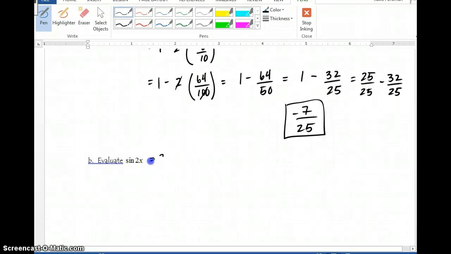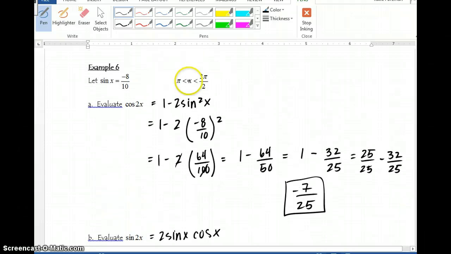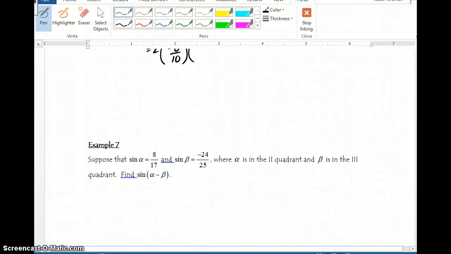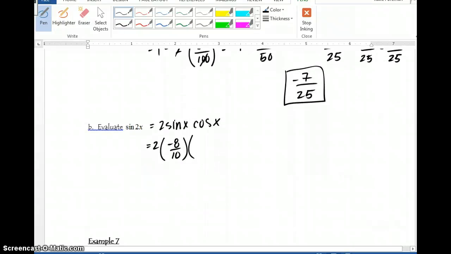Sine of 2x, 2 sine x times cosine of x. We're told the sine is negative 8/10. Now we need to determine the cosine. So we have to look at the quadrant between pi and 3 pi over 2. So that's third quadrant. Oopsie, sorry.